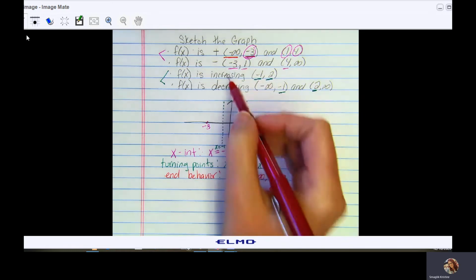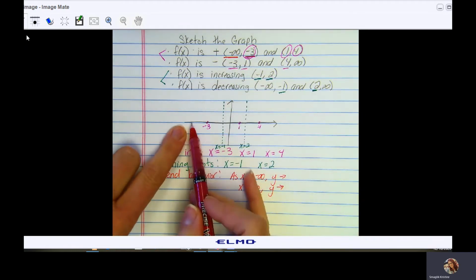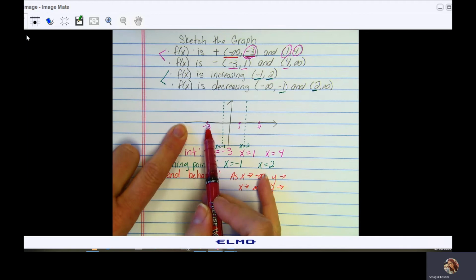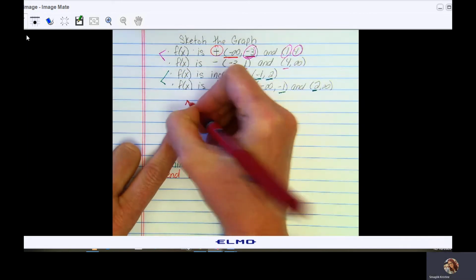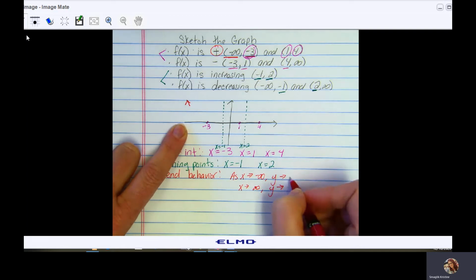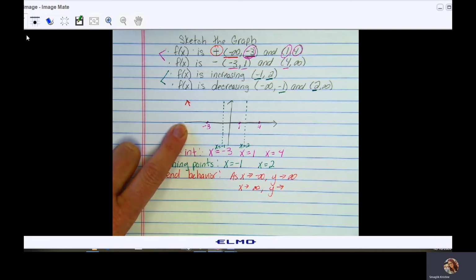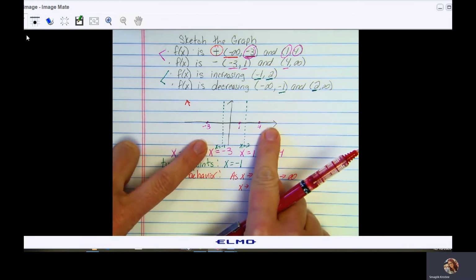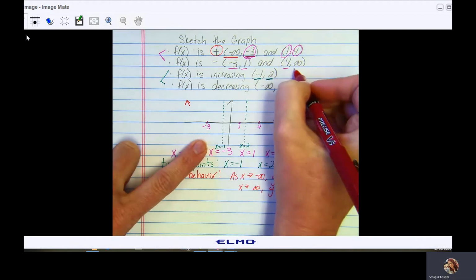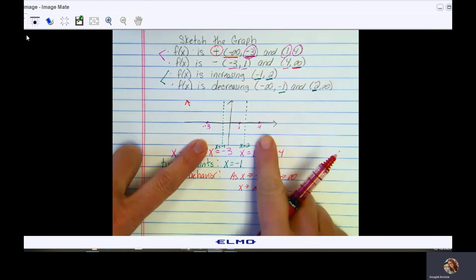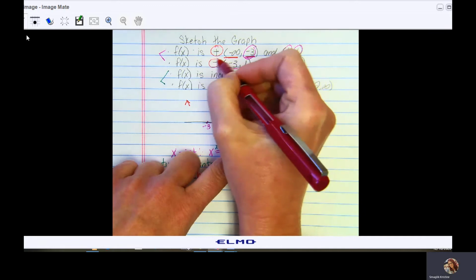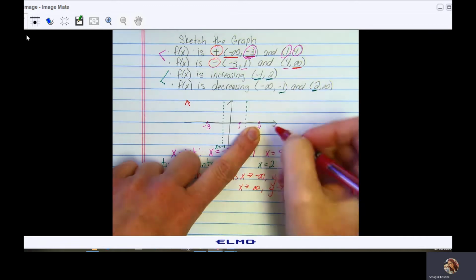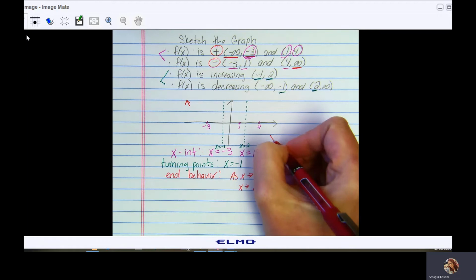And notice it says from negative infinity up into -3, my graph is positive. So that means I'm going up. So y is approaching positive infinity. Now, as x approaches positive infinity, here's positive infinity. It's saying from between 4 and positive infinity, my graph is negative. If my graph is negative, it's below the x-axis.